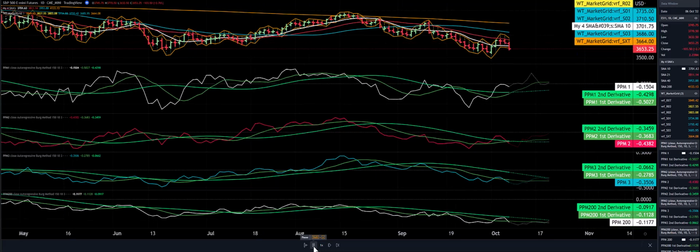Here we challenged the 21, and what we got to was still in a negative mode. So we were unable to get above this pattern, and PPM1 is still suggesting that, but the PPM2 and 3 are also continuing to indicate that these moving averages above are going to be major resistance.